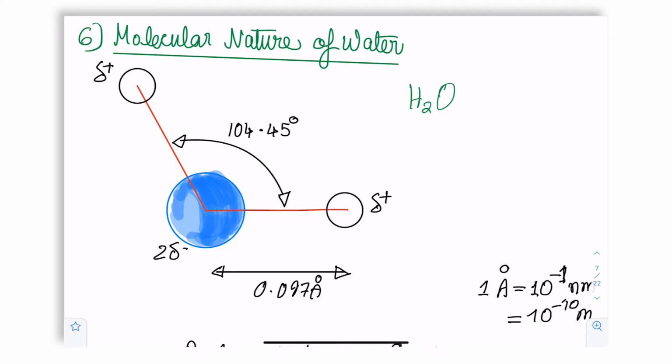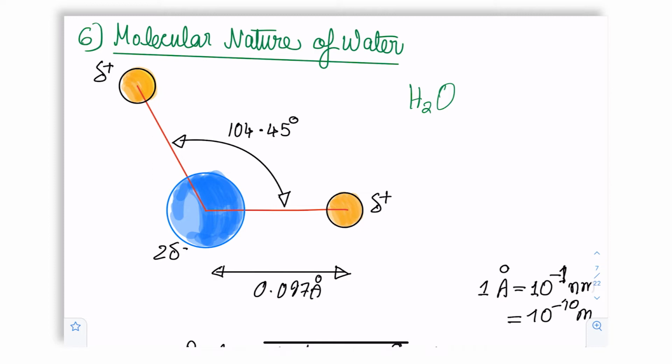And there is a balancing charge of small δ positive on each hydrogen. And since there are two of them, there's δ plus, δ plus, and 2δ minus.